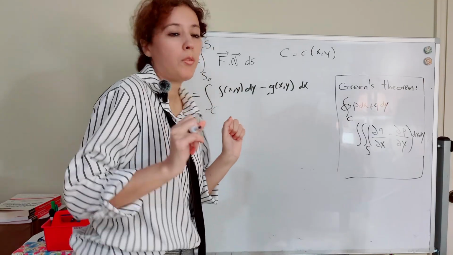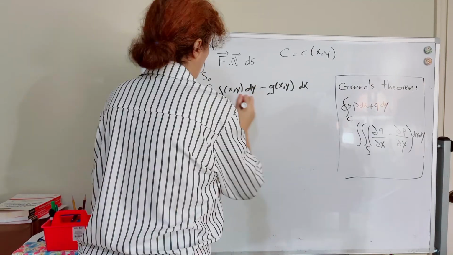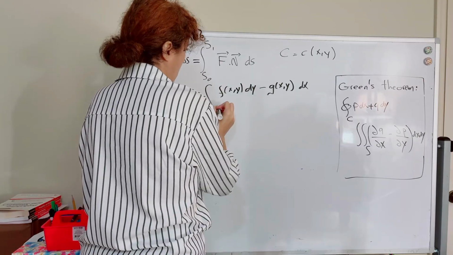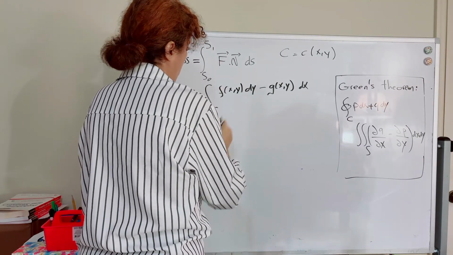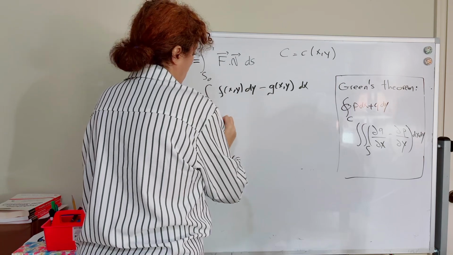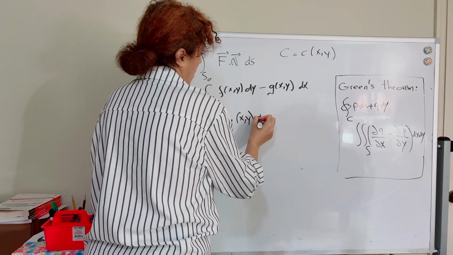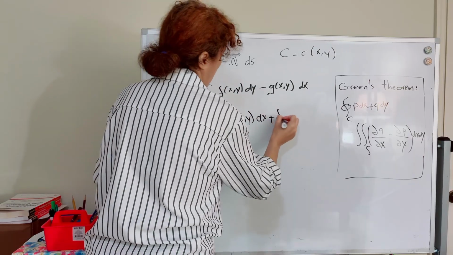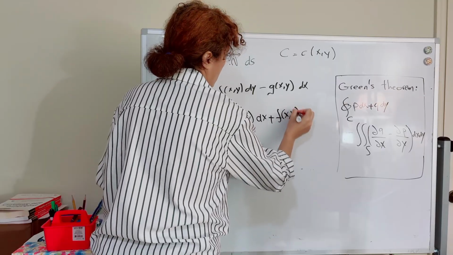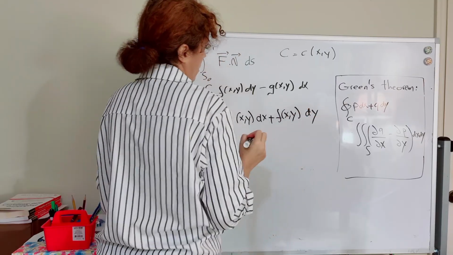So from here we have that the integral over C is negative g of xy dx plus f of xy dy.